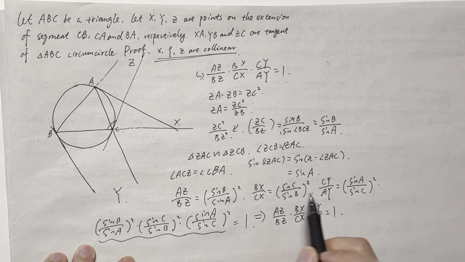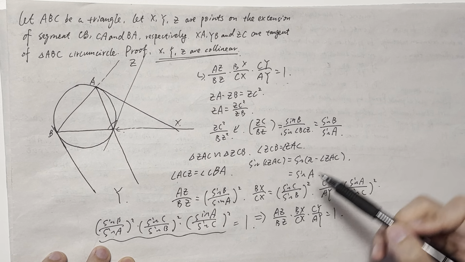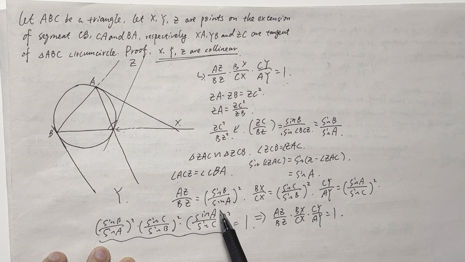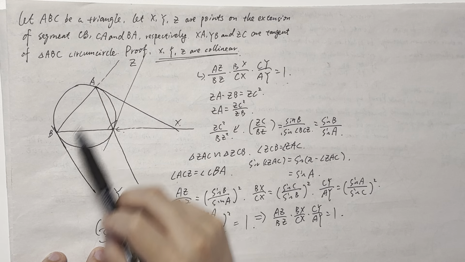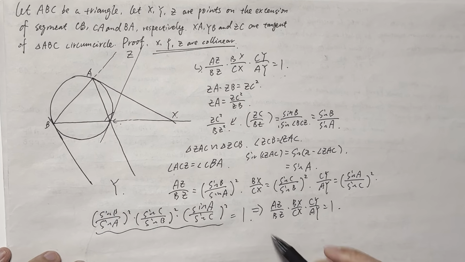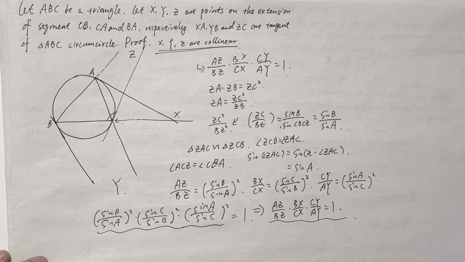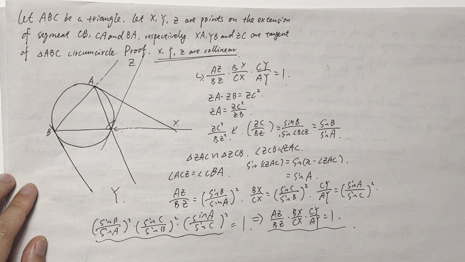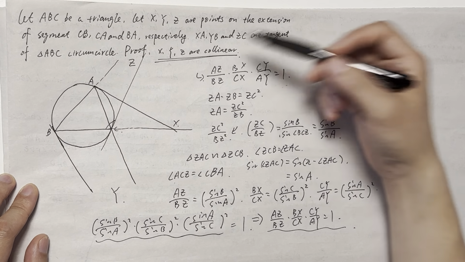And then we understand that it's related to the angles of ABC. Once we multiply them together, it equals 1. We prove this equation, and using the converse of the Menelaus theorem, we can prove that X, Y, Z are collinear.